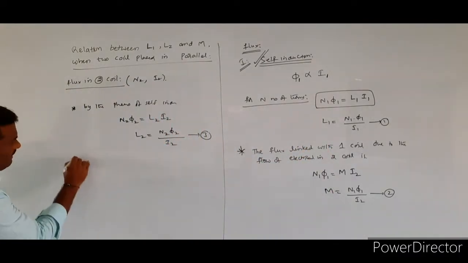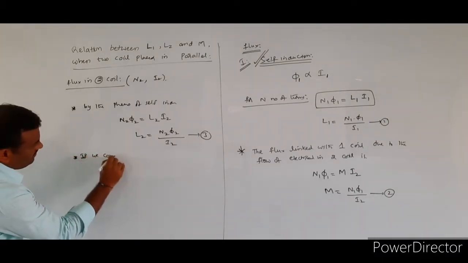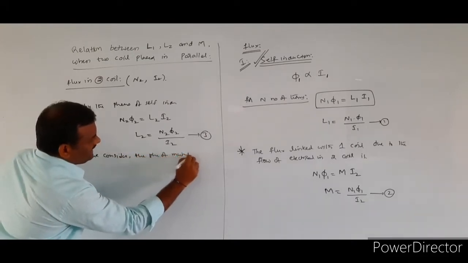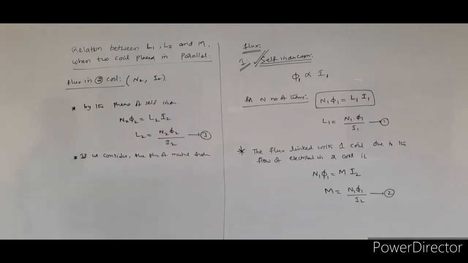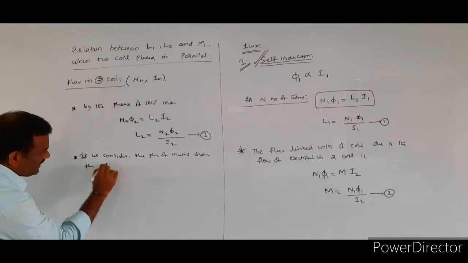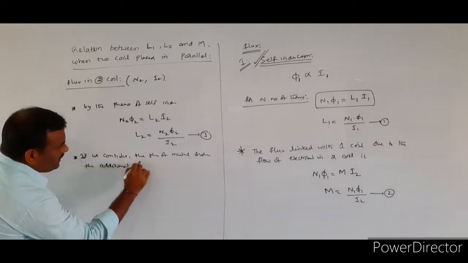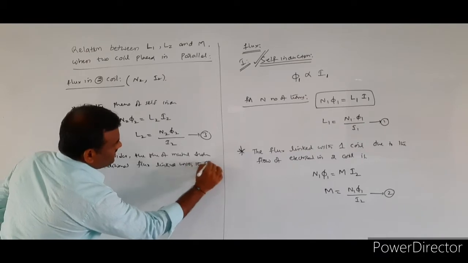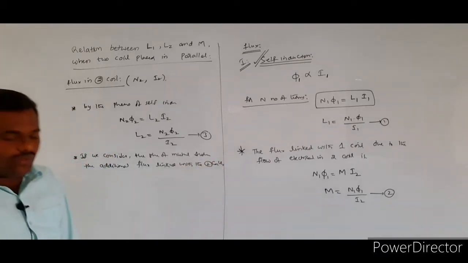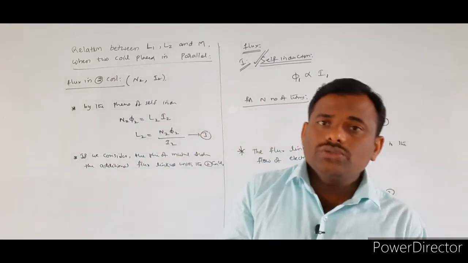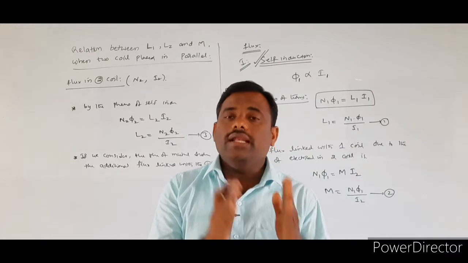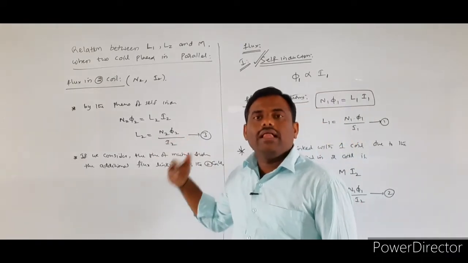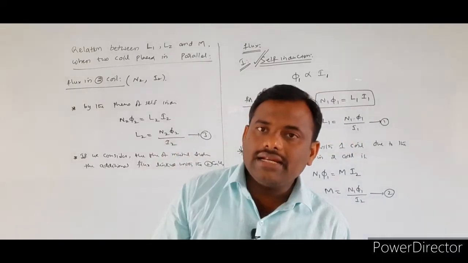Similarly, if we consider the phenomena of mutual induction, the additional flux linked with the second coil is, when you consider mutual induction, that means due to the flow of the electrical current in the first coil, some more additional flux will be linked with the second coil.